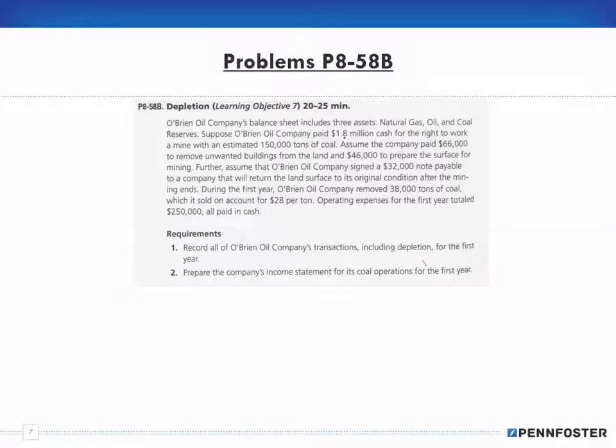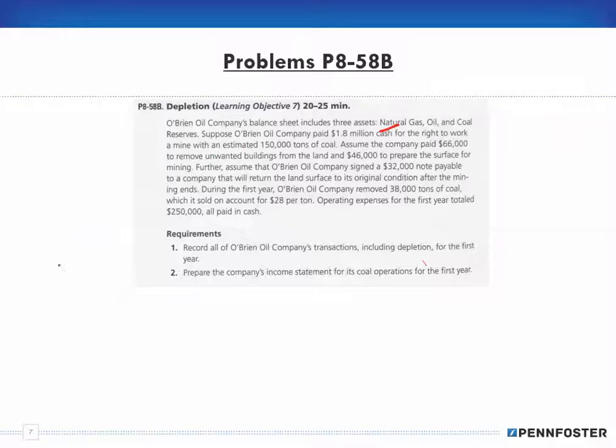Okay, so let's see here. O'Brien Company paid $1.8 million cash for the right to work the mine with an estimated 150,000 tons.